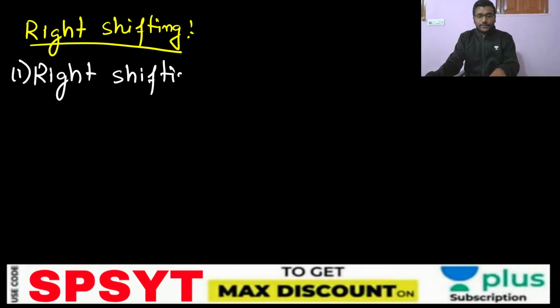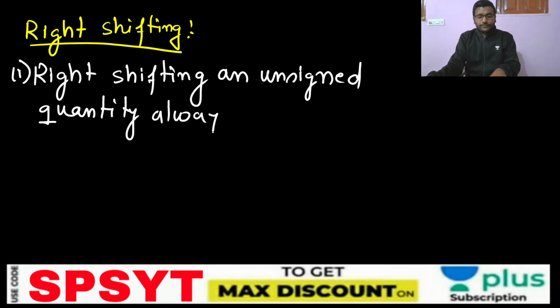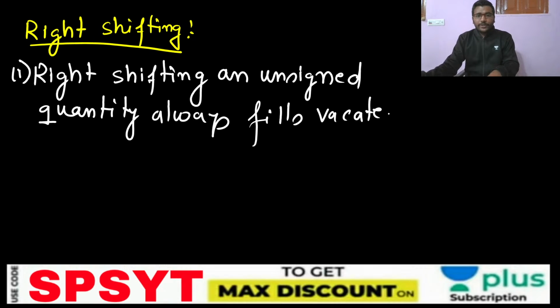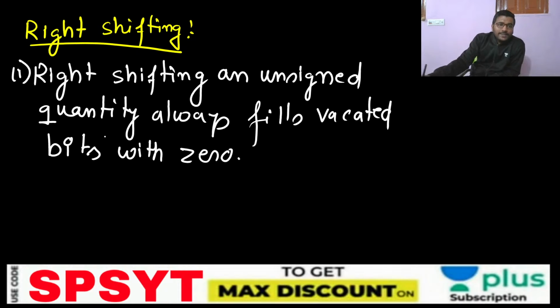Right shifting an unsigned quantity always fills the vacated bits with 0. If you are doing a right shift on an unsigned quantity like 1 0, the 1 moves over and the vacated bit will be 0.